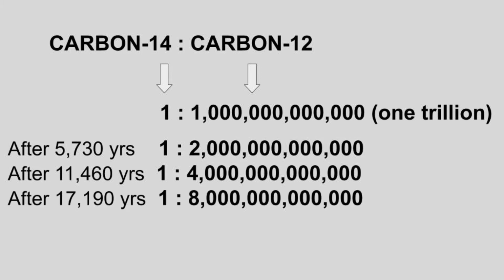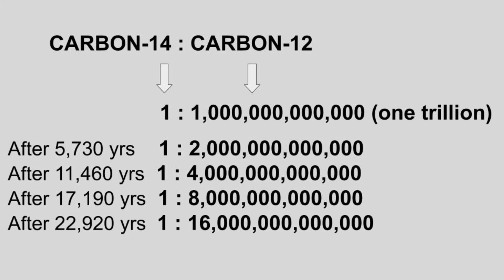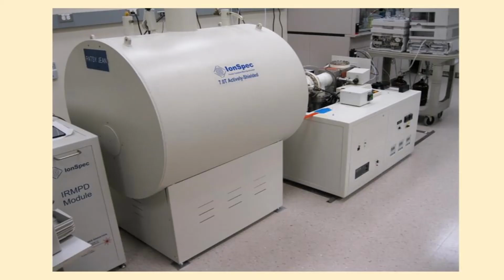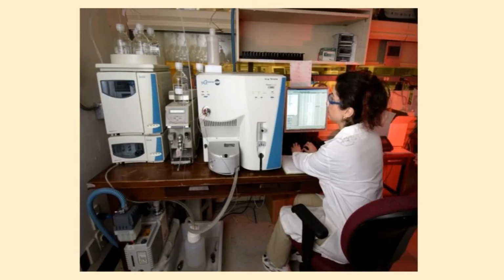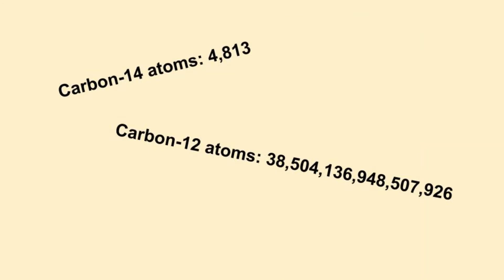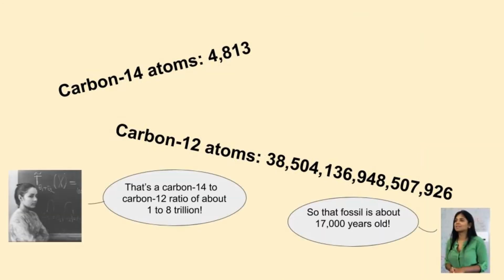Then 1 to 8 trillion after another 5,730 years. Then 1 to 16 trillion after another 5,730 years, and so on. Scientists use a machine called an accelerator mass spectrometer to do this counting. That machine counts the atoms of carbon-14 and the atoms of carbon-12. These numbers are necessary to form the ratio that lets the scientist then determine the fossil's age.